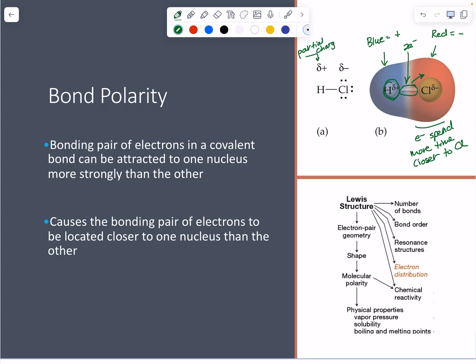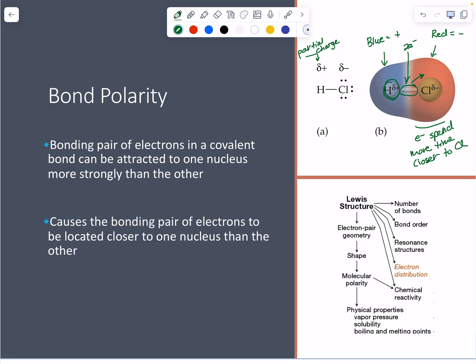And what do I mean by partial charge? I mean anything less than an integer unit of 1. So if there's a decimal place in your charge on your atom, then that means it's got some partial charge to it.